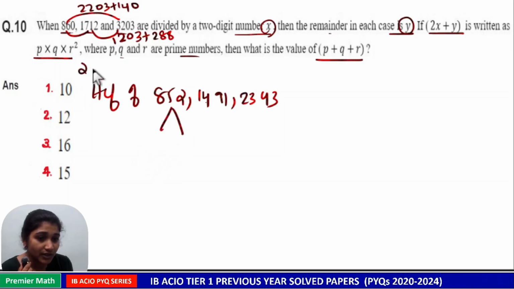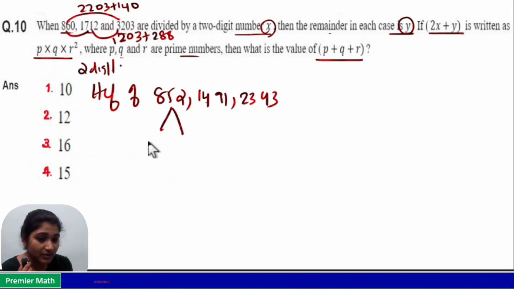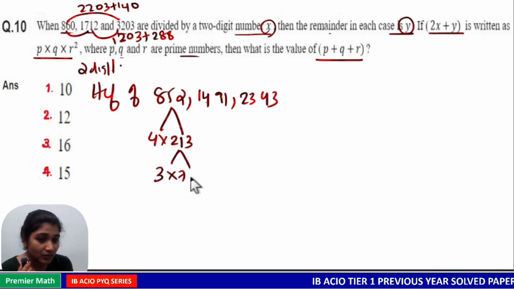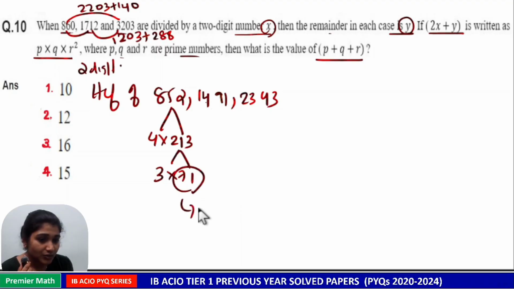We need the 2-digit highest common factor among these numbers. 4 goes 2 times in 8, 1 time in 5, and 3 times in 12. Again 3 goes 7 times in 21, 1 time in 3. Now 71 must be the 2-digit HCF.